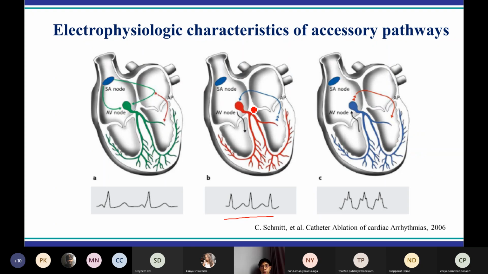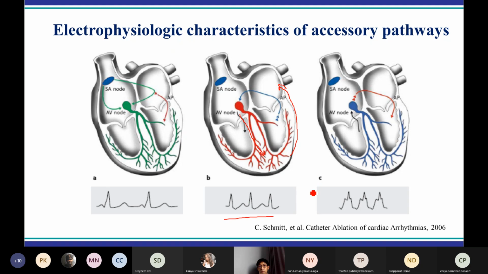The accessory pathway is a fast pathway. So in orthodromic AVRT, the anterograde conduction comes from the AV node and normal conduction of the heart, and the retrograde pathway uses the bypass tract, causing the tachycardia. This would result in a narrow QRS complex tachycardia.